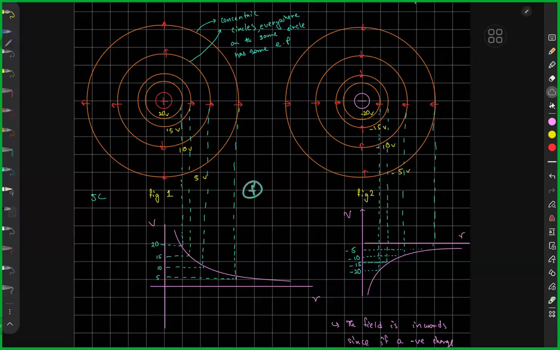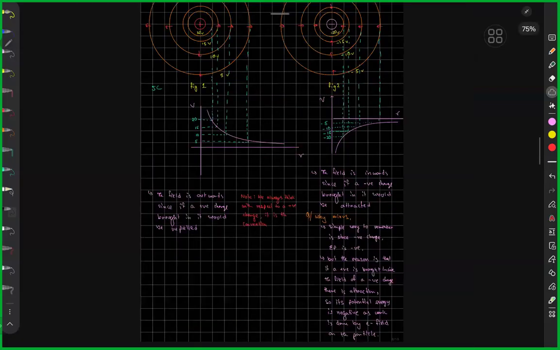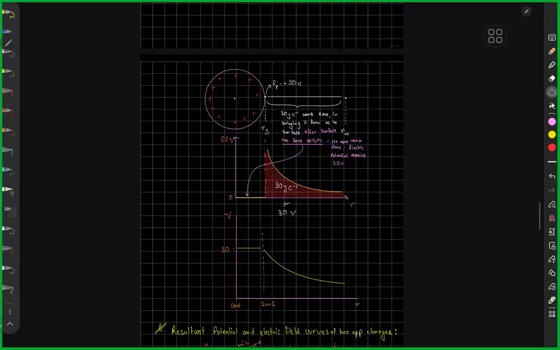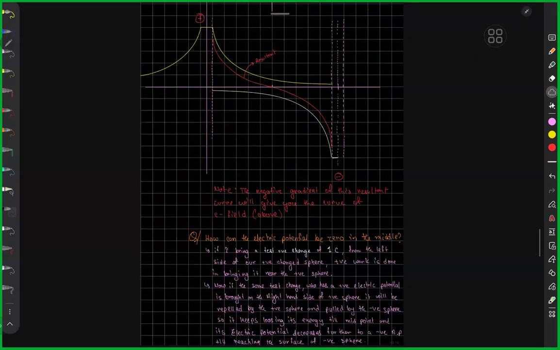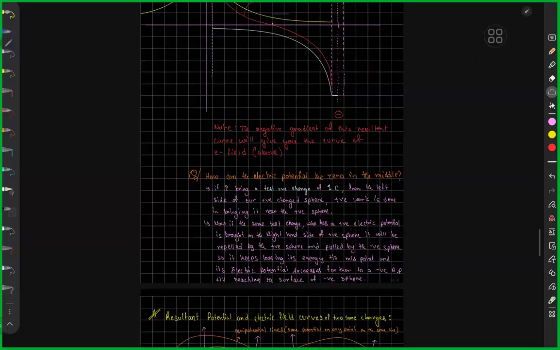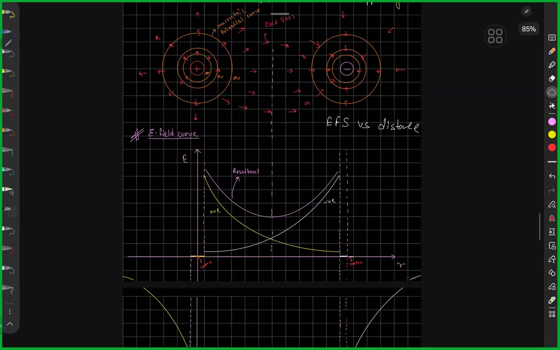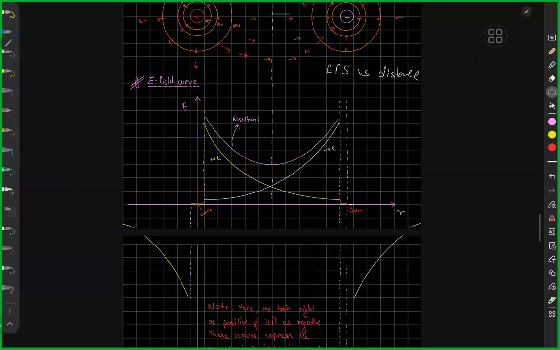So successive concentric circles represent how much you need to travel for the same energy drop, or same work done. Do you get the idea? Okay. And the curve, the graph that you see, is of electric field strength versus distance. How the force varies.